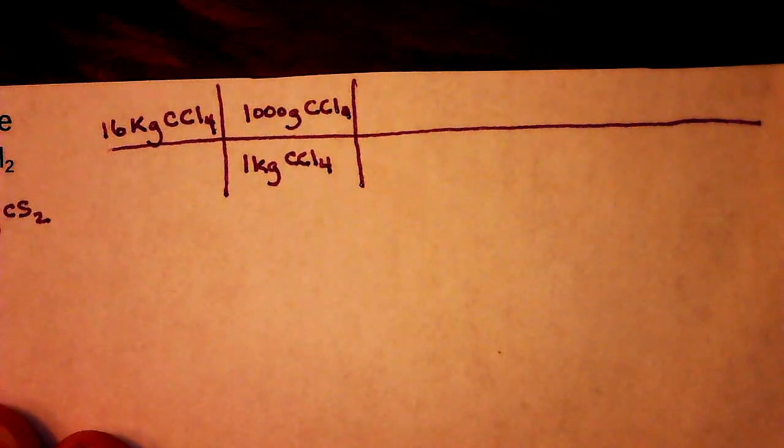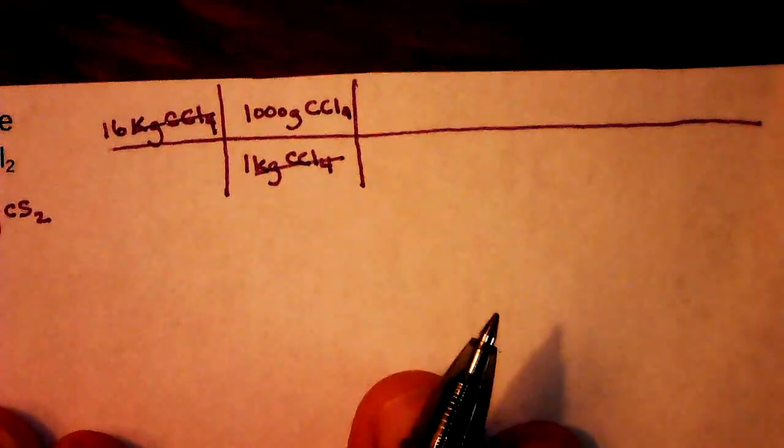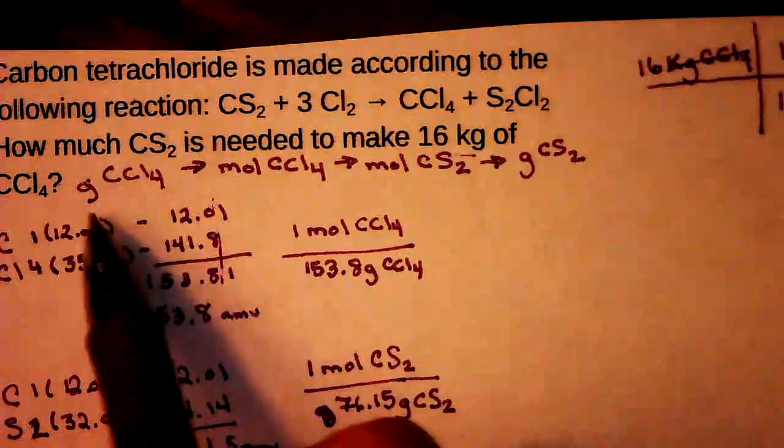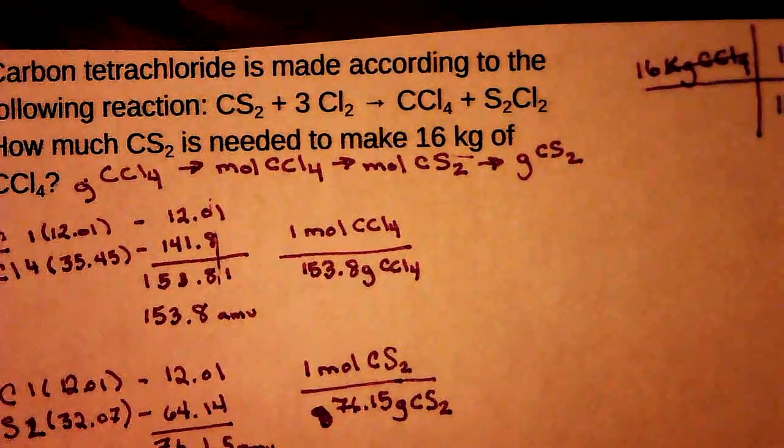But just for canceling our labels, I'm writing it this way. So kilograms gone. I've got grams of CCl4. Fantastic. All right, looking at our roadmap, grams of CCl4 is where I'm going to start this stoichiometry journey.